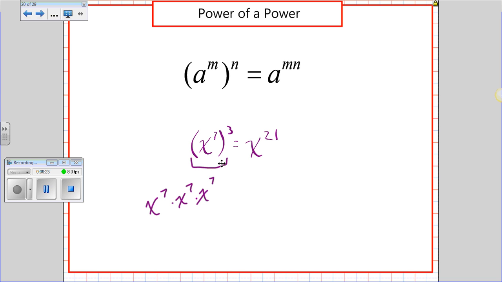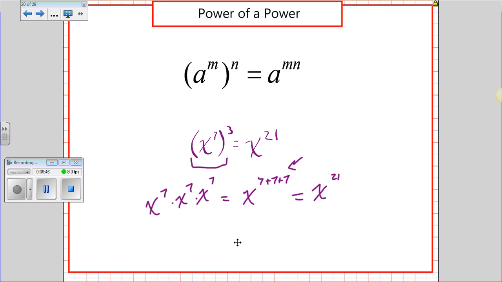Now the very first rule that we learned means that this should be x to the 7 plus 7 plus 7. Well, that's 21. The reason this works is that this repeated addition is multiplication. So 7 plus 7 plus 7 is 7 times 3, or 21.